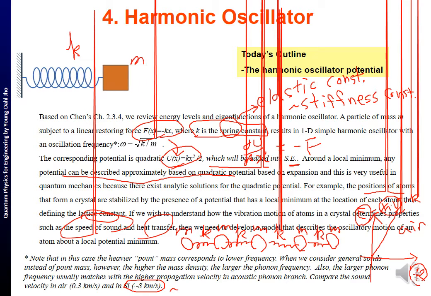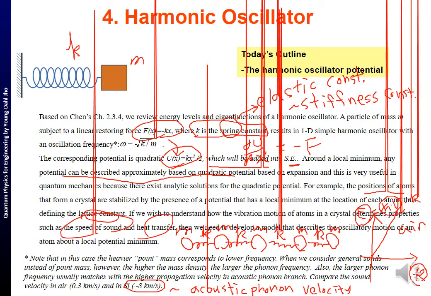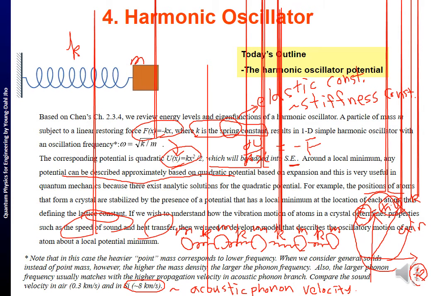That is called the acoustic phonon velocity. Surely we cannot calculate the dispersion ourselves, but at least we'll try to understand the simple harmonic oscillator based on the Schrödinger equation.